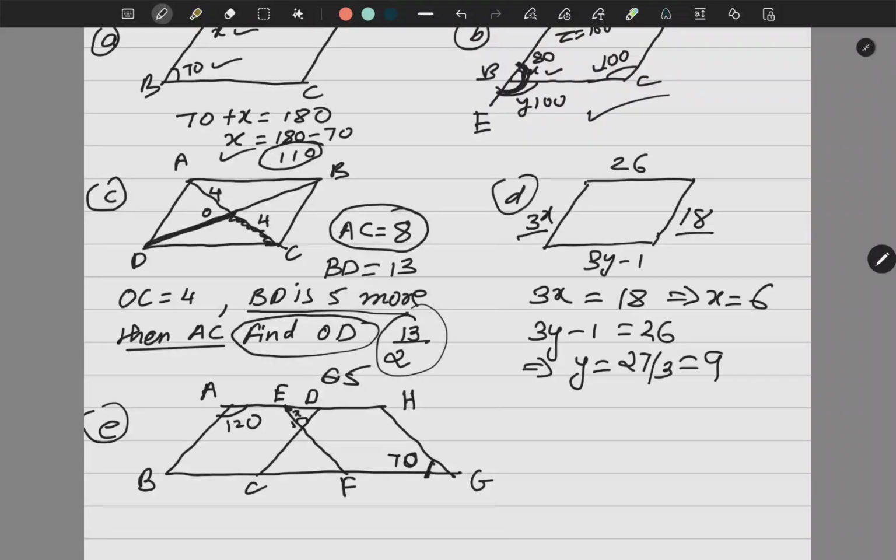The other thing is adjacent angles are supplementary. So this angle will become 110. Same way, if I look at the other one, in ABCD this is 120. So angle C has to be 120. Now here I can easily make out that this is a linear pair. If this is 110, this has to be 70. And if this is 120, this has to be 60.